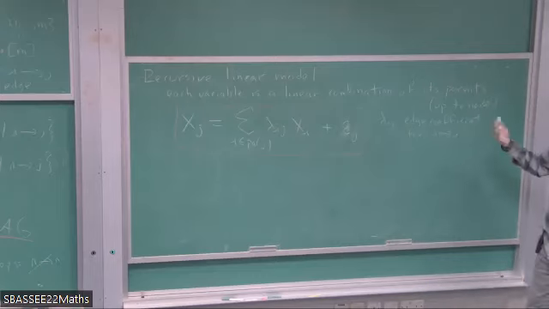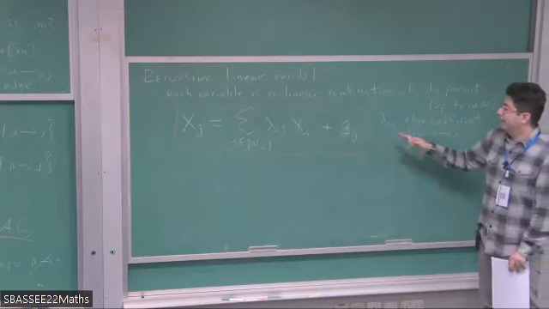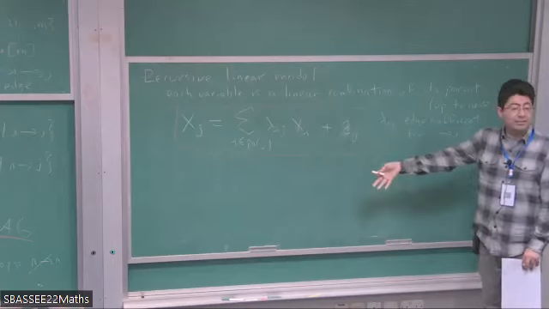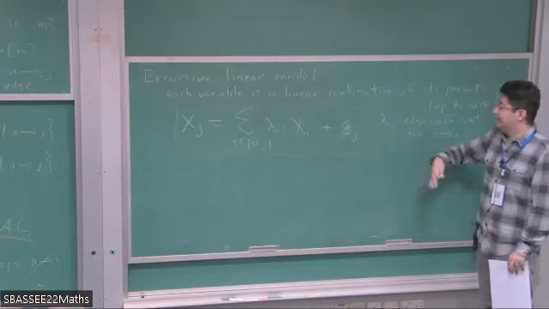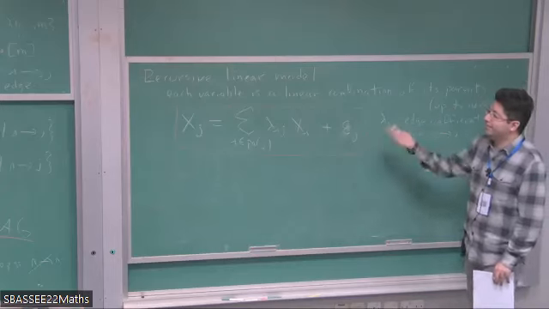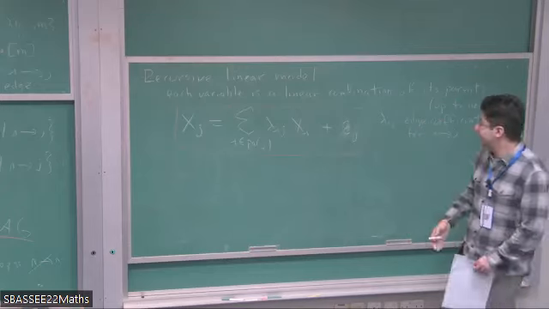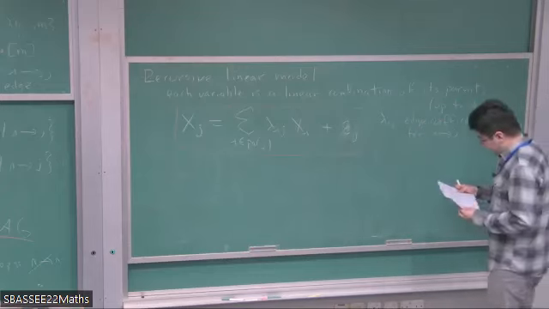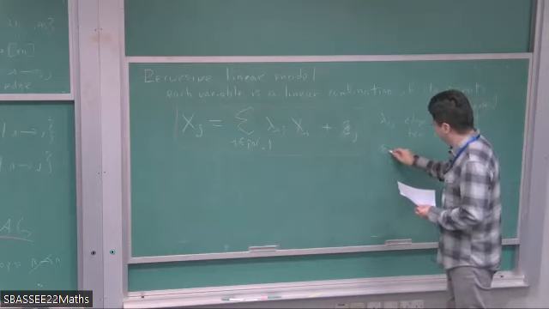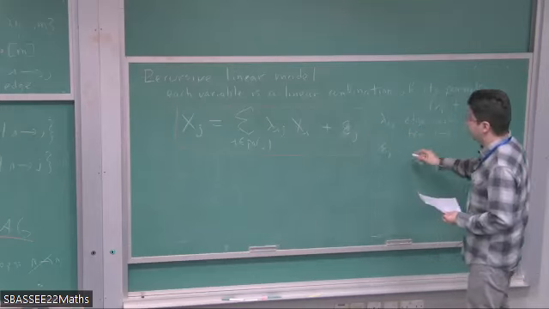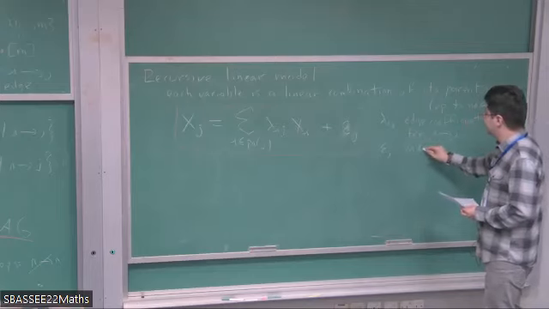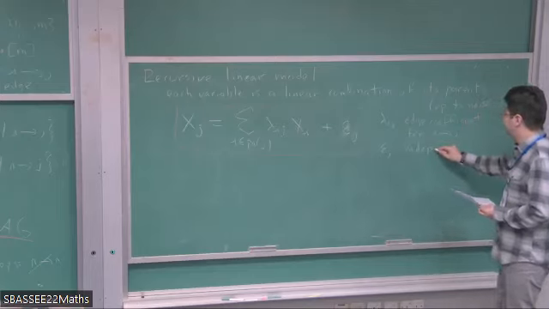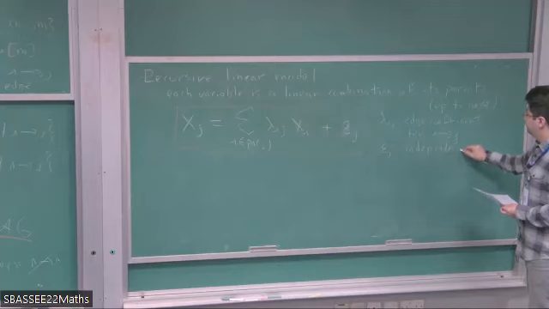This is measuring how strong the influence from X_i to X_j is. So this lambda_ij is going to quantify: is this a positive influence, is it a negative influence, and how strong is it? And the epsilon is the error. So these are going to be independent noise variables.